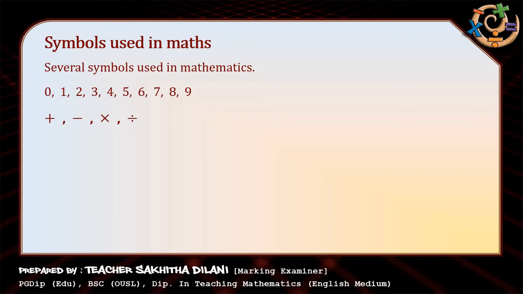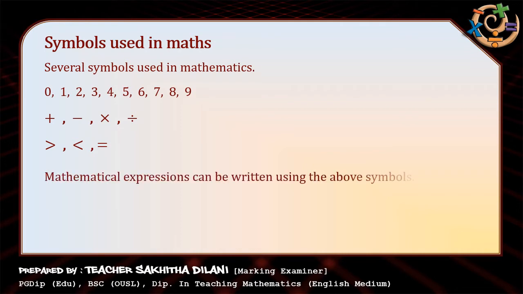You have already learned these: greater than, less than, and the equality symbol. They are used to compare values. They are called inequality signs. Mathematical expressions can be written using these symbols.